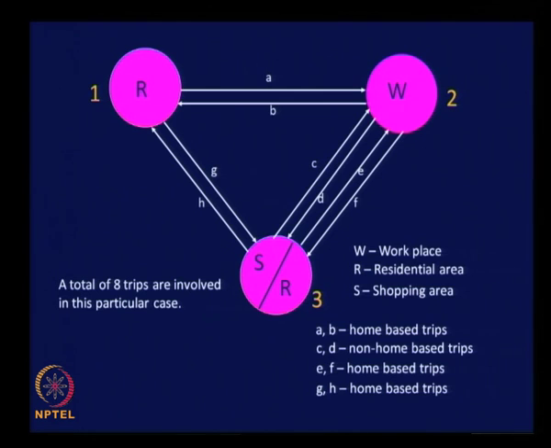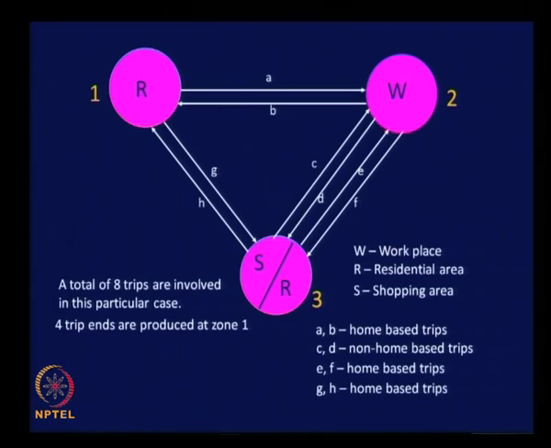A total of 8 trips are involved in this particular case, and if you consider zone 1, 4 trip ends are produced at zone 1. I do not say 4 trips are produced, I say 4 trip ends are produced at zone 1.